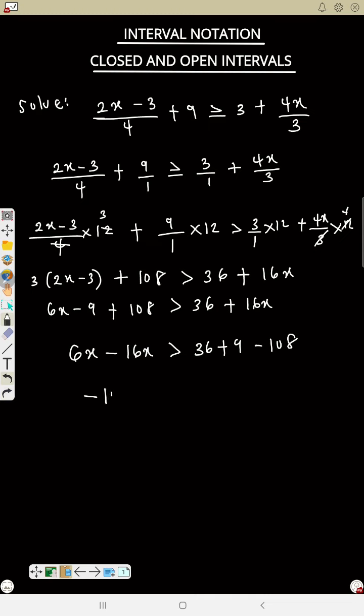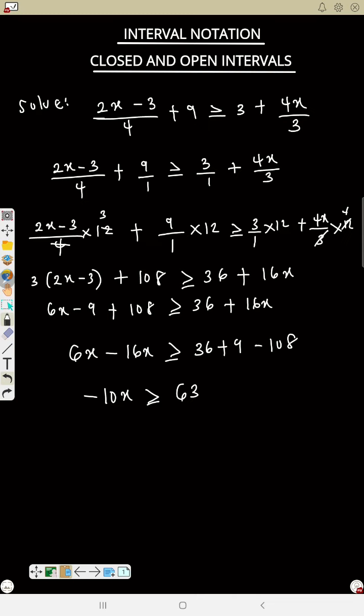So this will be minus 10x is greater than 63. Since we are using greater than or equal to, let me change that, greater than or equals to throughout.